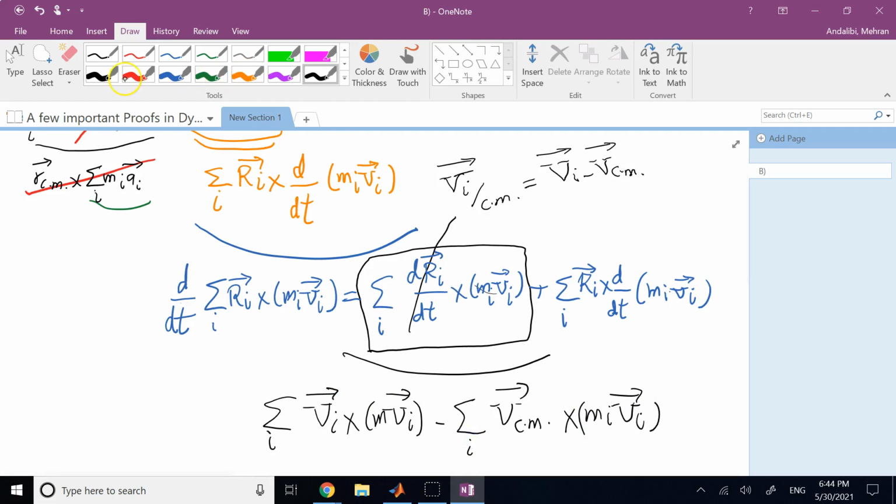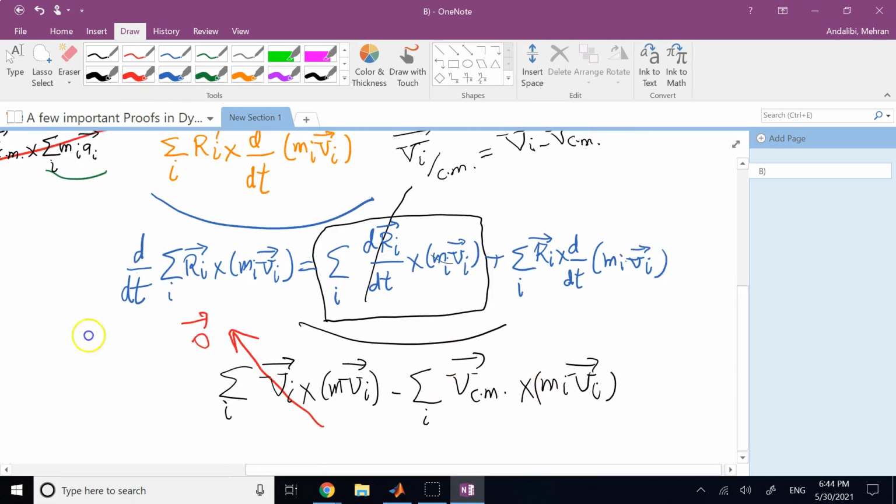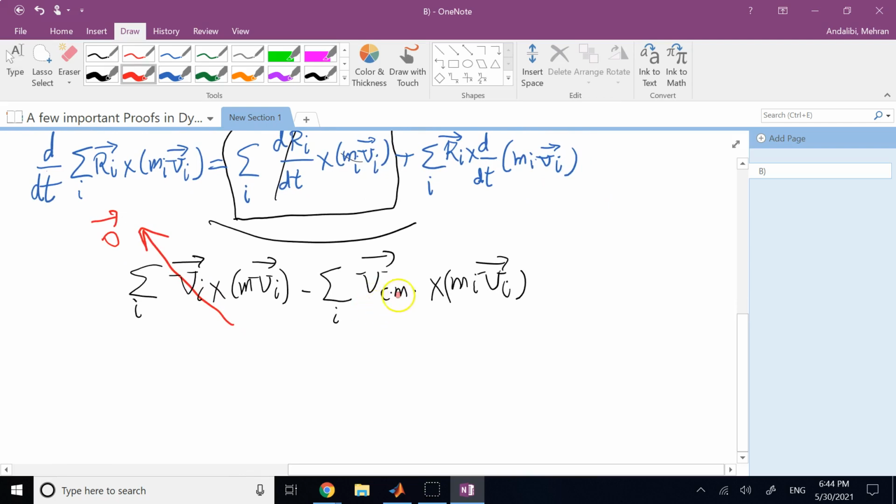Where we know clearly this term is 0. What about this term? Well, here, vcm does not have anything to do with i. So I can bring the vcm out, and so I can write it like this.